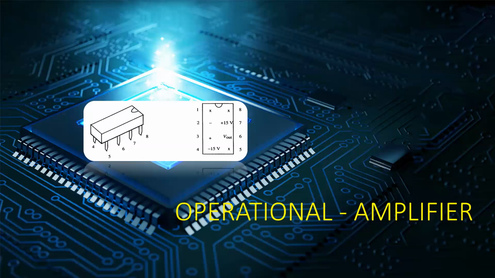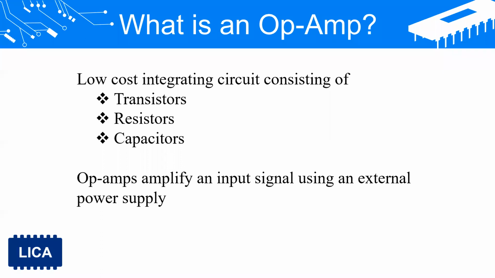This op-amp is specifically used in analog computers. So in an analog computer, we can see this op-amp. Next, an operational amplifier is an integrated circuit that can amplify weak electric signals.